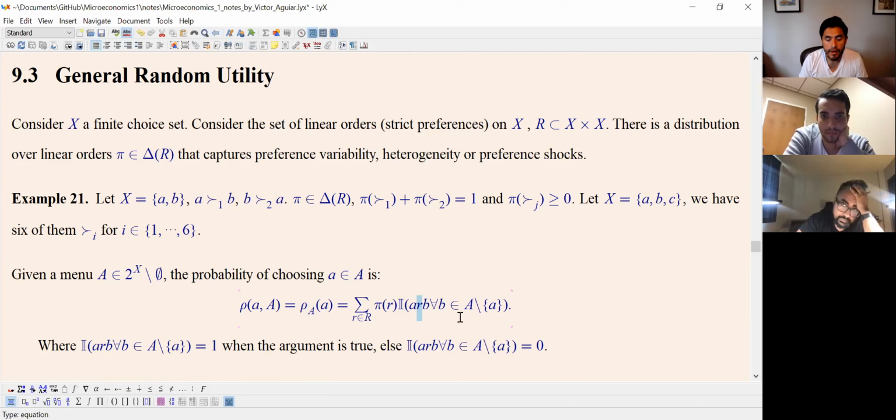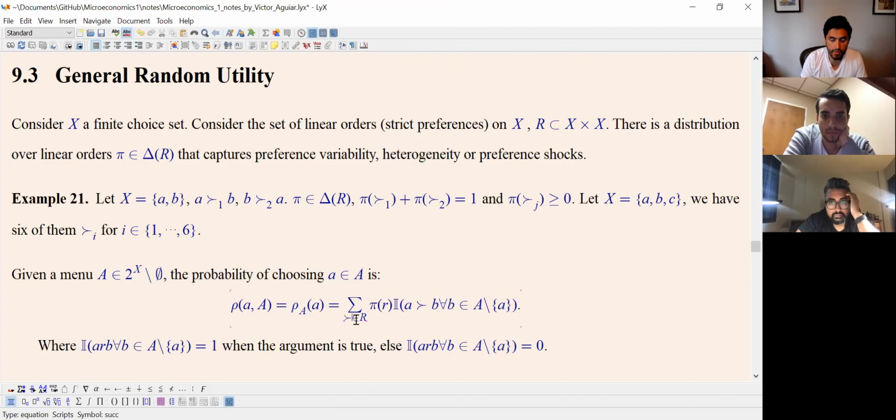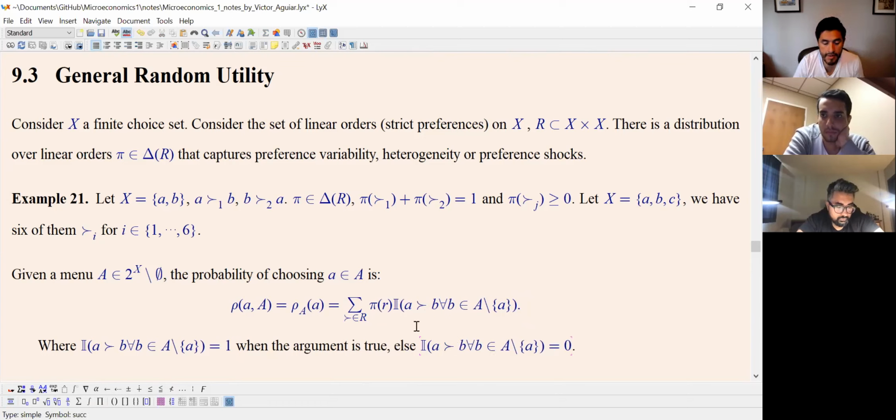But let's change it so you don't get confused, it's the same. It doesn't matter which symbol I use. This is the preference relation.